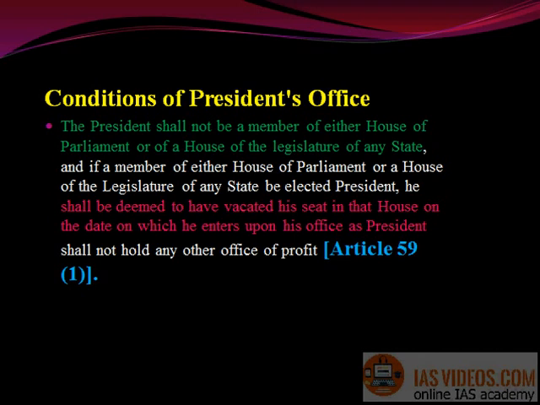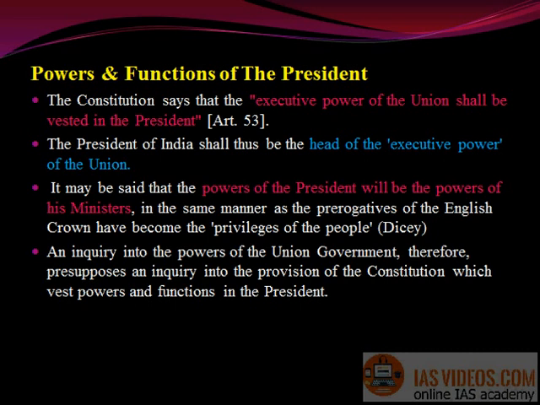Article 59. 1. Powers and functions of the President. The Constitution says that the executive power of the Union shall be vested in the President. Article 53. The President of India shall thus be the head of the executive power of the Union.